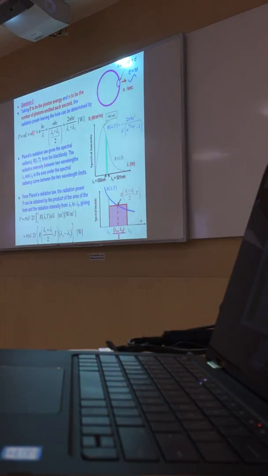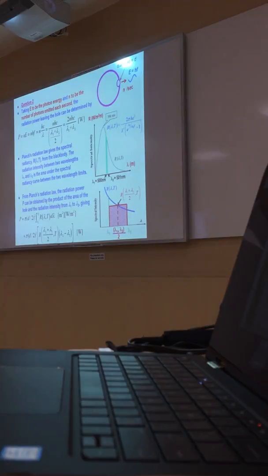Okay, so we look at the power coming out from lambda 1 to lambda 2 from two perspectives. One is in terms of how many photons coming out and calculating the energy of each photon. And the other one is to base on Planck's radiation law that give me what is the power emitted from a black body over a certain band. So in fact, this P should be equated to this P to solve the problem.